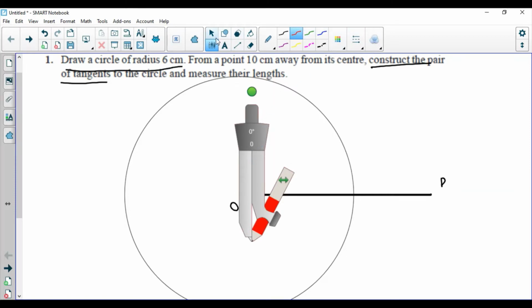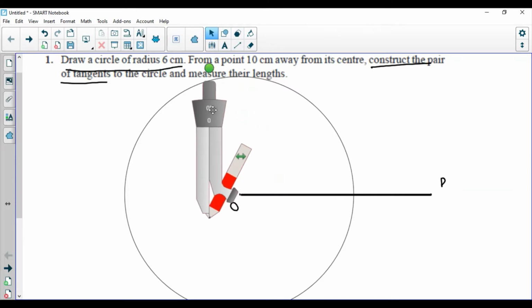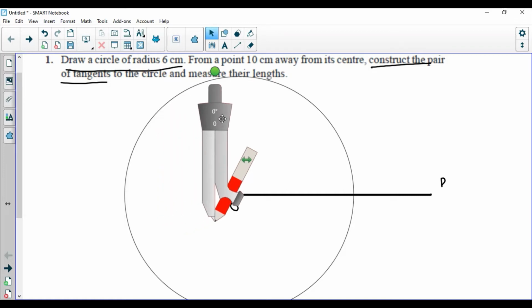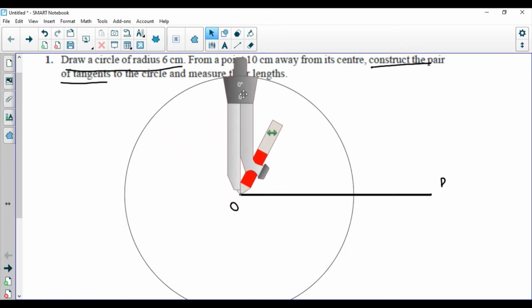Always remember this. From one outside point, you have to draw the tangent, so you have to join that point with the center. Then draw the perpendicular bisector of that line.